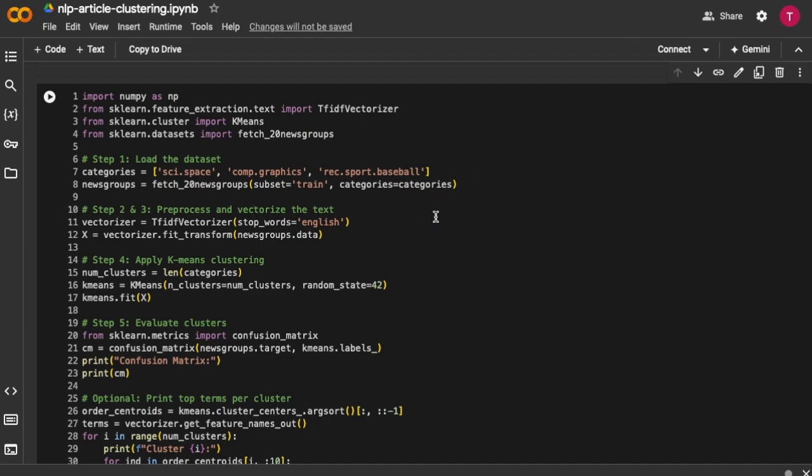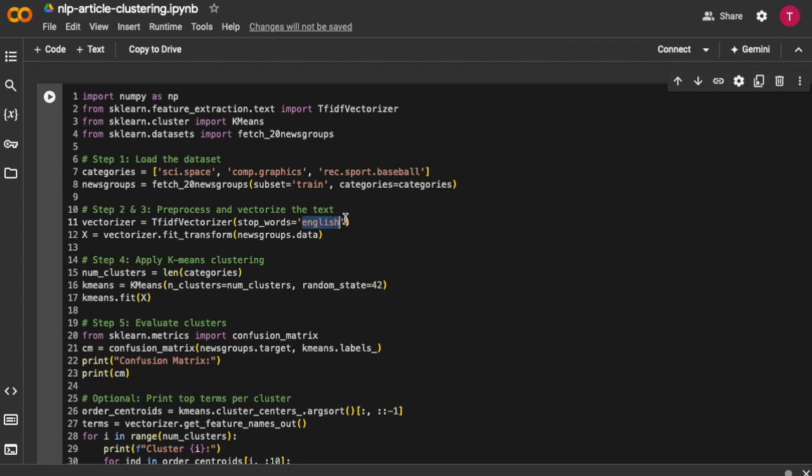In the next couple of steps, I do some pre-processing and vectorizing, and I can do this at once because I've pulled a vectorizer from the feature extraction module in scikit-learn. And this will remove the stop words, and here I've identified the stop word dictionary I want to use as the English dictionary. These are English written articles.